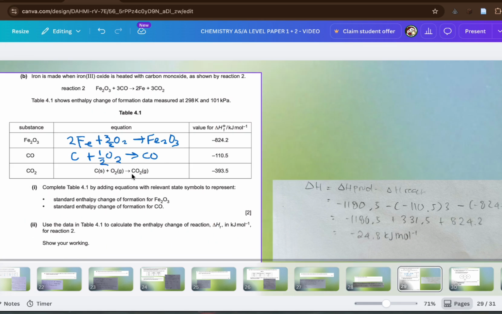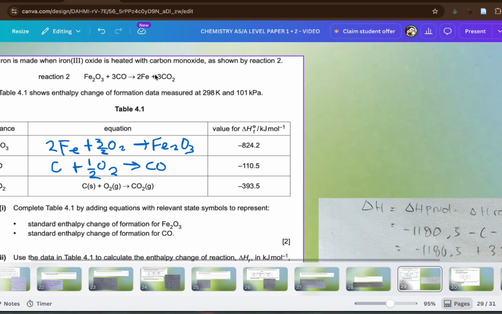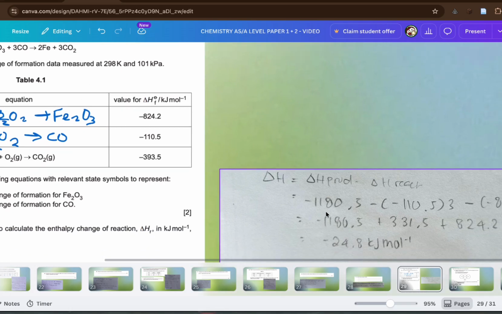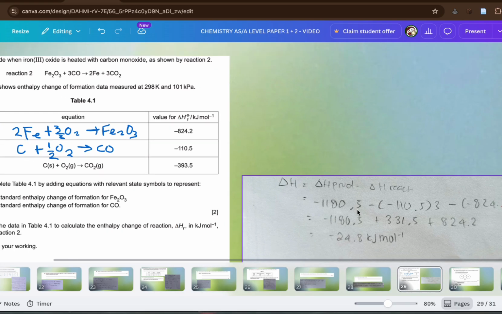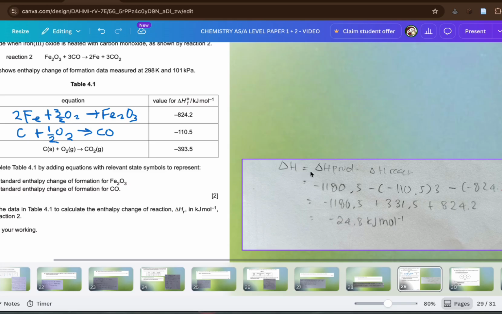Next, for carbon dioxide, we see that in the equation there are 3. However, negative 393.5 is for 1 carbon dioxide, so we have to multiply it by 3, which results in negative 1180.5.